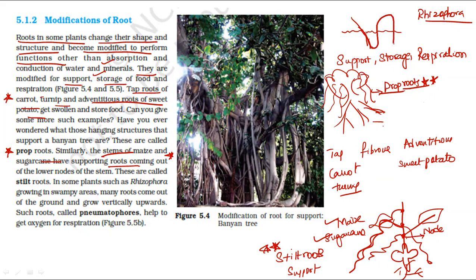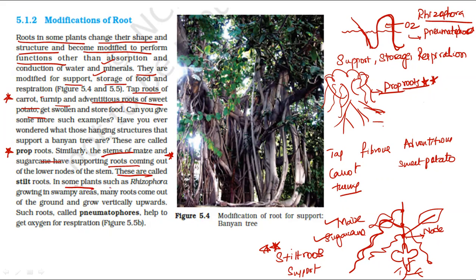So this root structure comes out of the ground so that it can take in oxygen. To respire, these roots undergo a modification where, instead of staying inside the ground, they come above the ground. That modification is known as pneumatophores, and they help to get the oxygen. So let's read here.